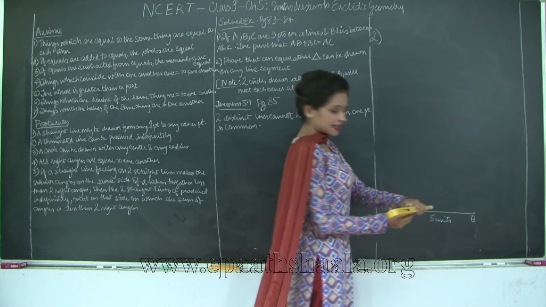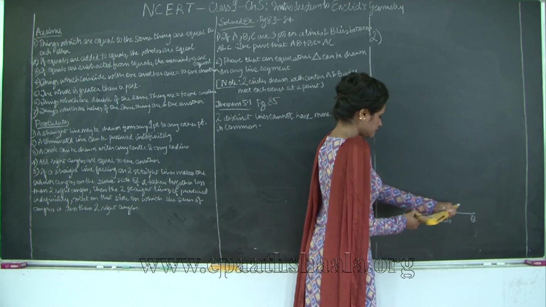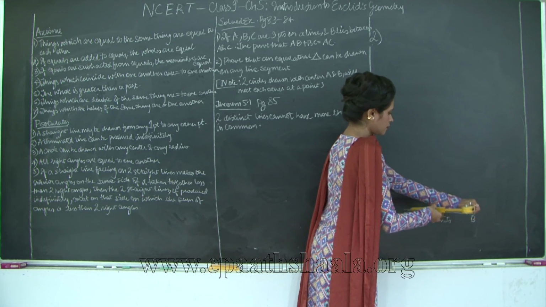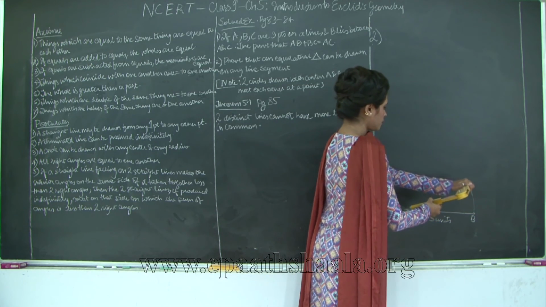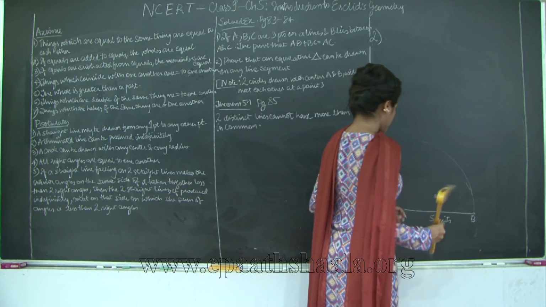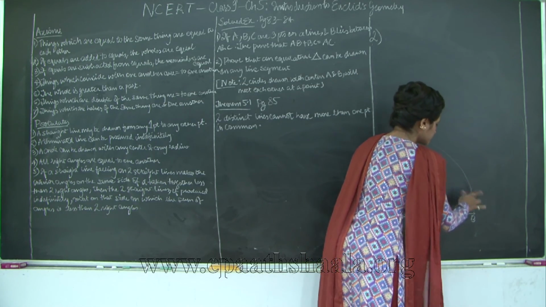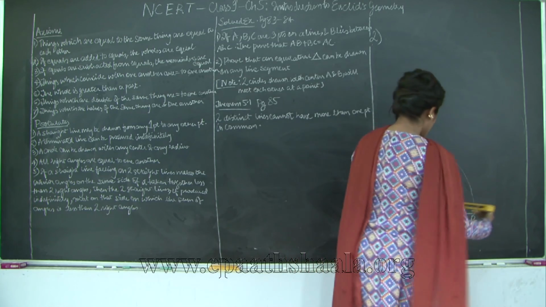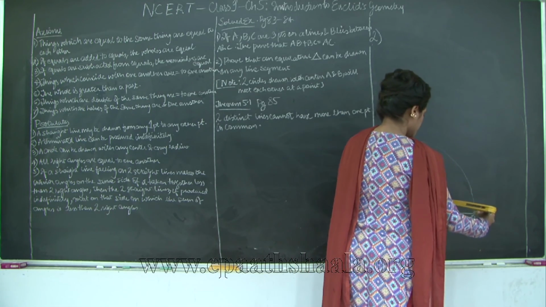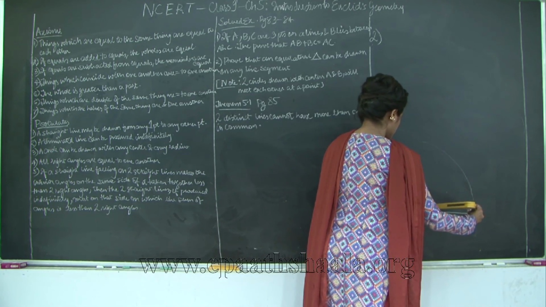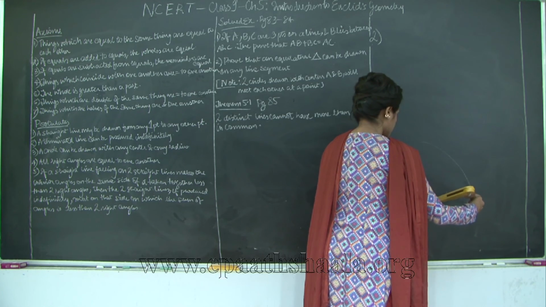Now with A as my center and AB as my radius, I am going to draw a semicircle. Similarly with B as center and BA as my radius, I am going to draw a semicircle.